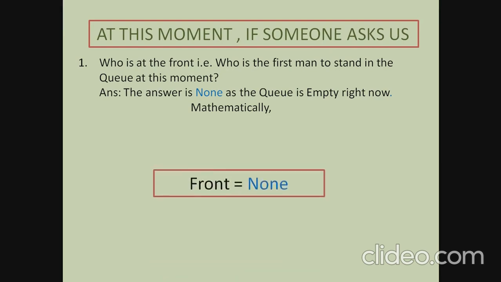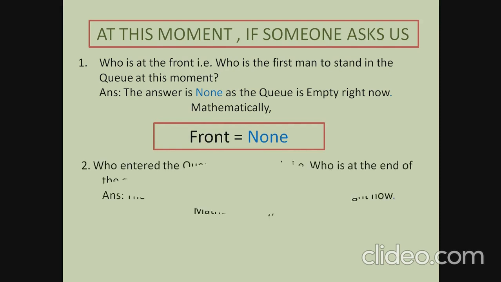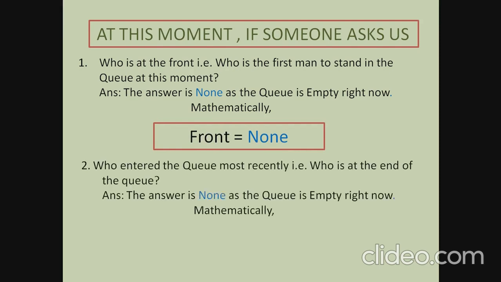So mathematically, when we want to implement a list as a queue using Python, we'll have to write front as None and rear also as None. Why? Because the queue is empty, none are at the front, none are at the rear.